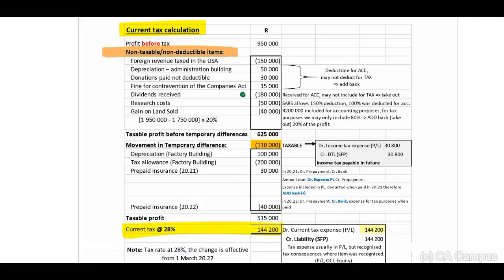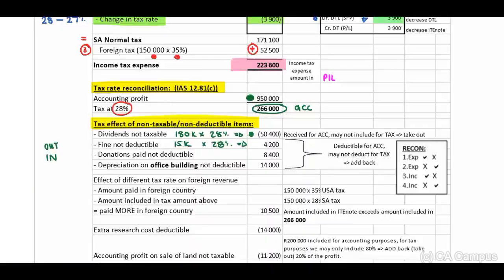Let's have a look. Fine, not deductible, 15,000. Yes. Next, donations paid, not deductible, 30,000 times 28%. Exactly the same, guys. We deduct, we add, we add, we add. Right? And then the depreciation on our office building, which was our 50,000 times 28%.